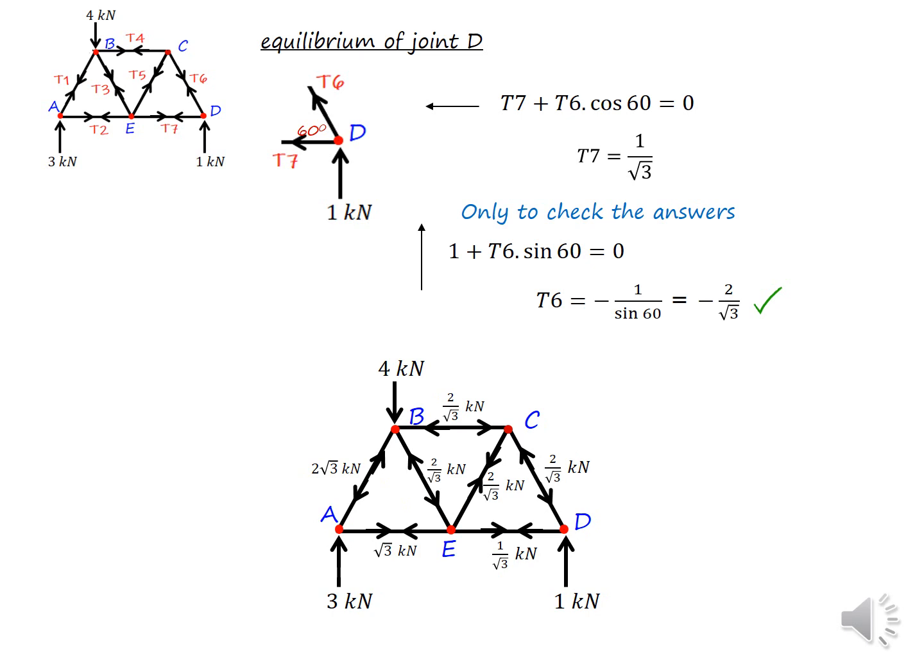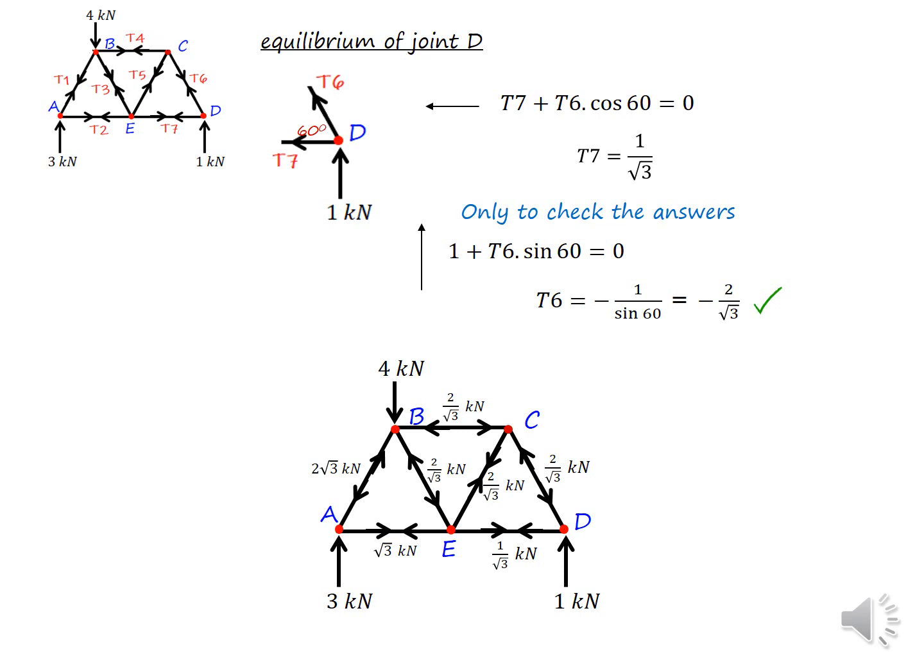Now here you can see I have removed all the minus signs. Now only the value is there. Arrows represent whether the member is in tension or compression. For example, AB is under compression. The value is 2 root 3.